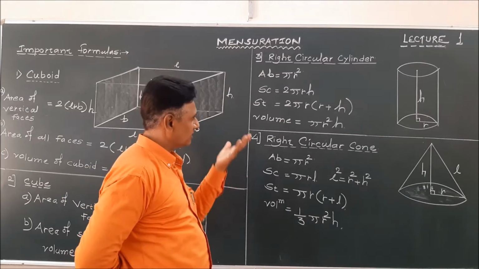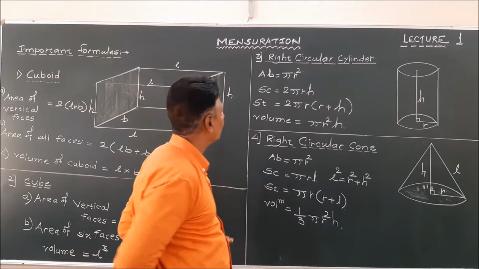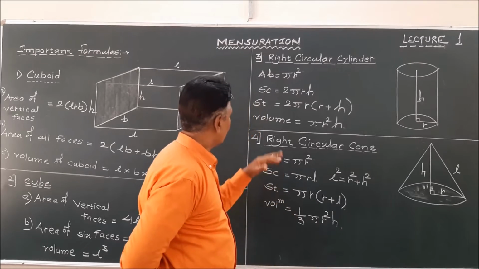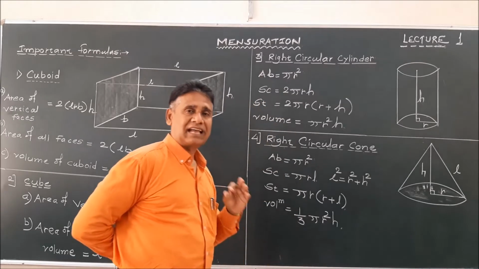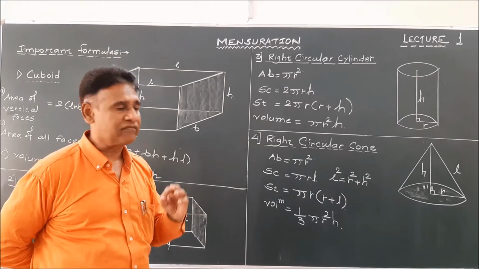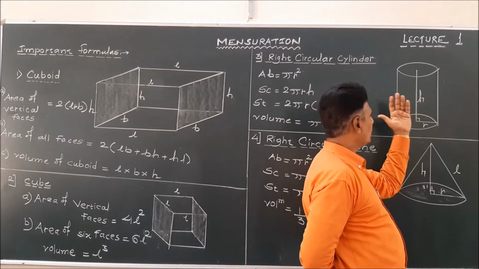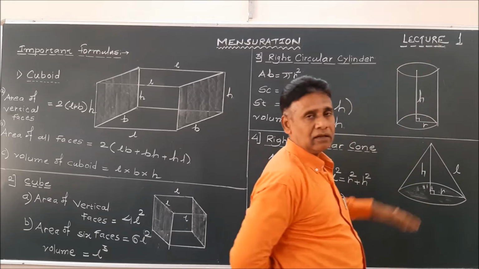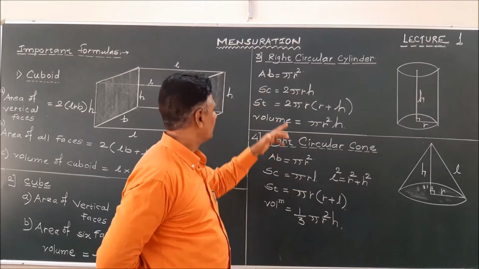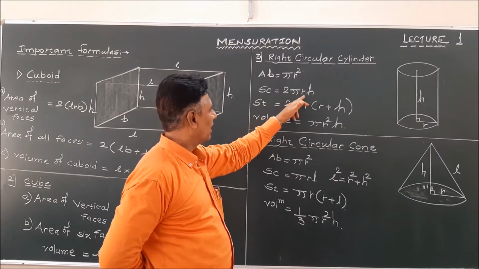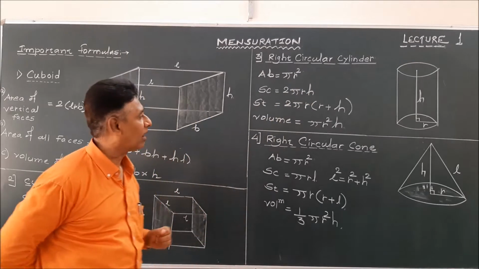So the area of base, you may consider top or bottom, is pi r square. S_C stands for curved surface area. When I say curved surface area, I am going to exclude top and bottom, and that is 2 pi r h.